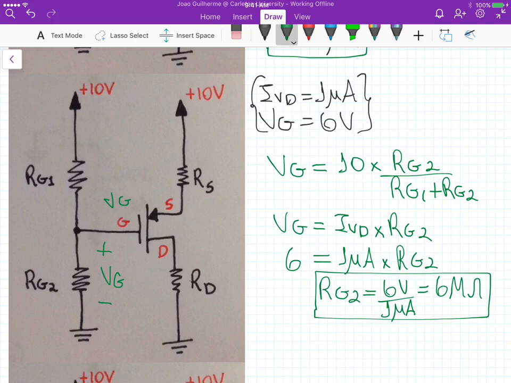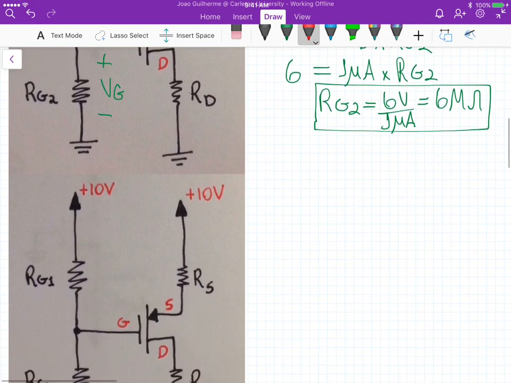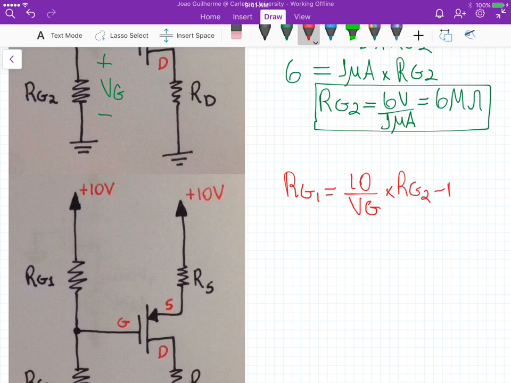Now for RG1, we use this same equation up here, because now we know RG2. If we isolate RG1 in that equation, RG1 equals 10 divided by VG times RG2 minus RG2.